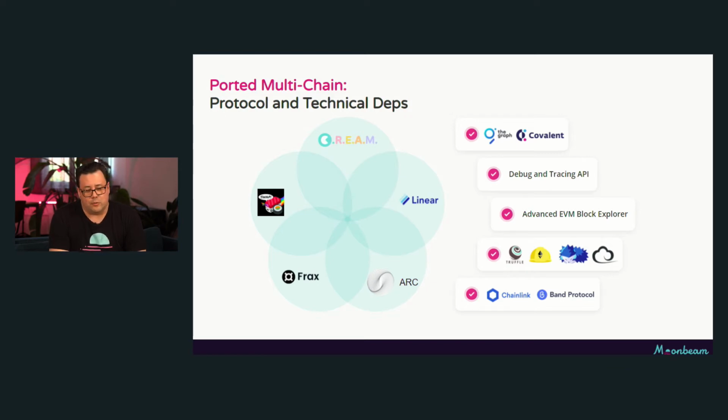For example, Cream, which provides a lending and borrowing service, needs an AMM like Sushi to function. Sushi in turn needs stablecoins like Frax or ArcX to serve as trading pairs on their DEX, and so on. So there's this complicated set of dependencies in the ecosystem itself when you're trying to make for an attractive deployment environment.